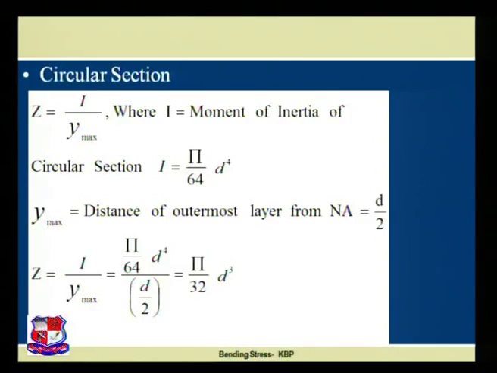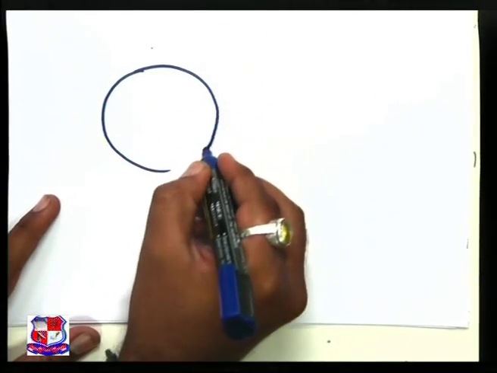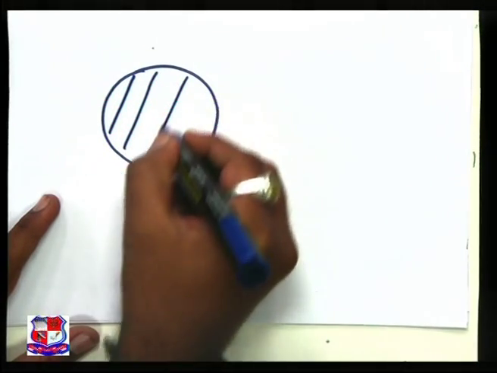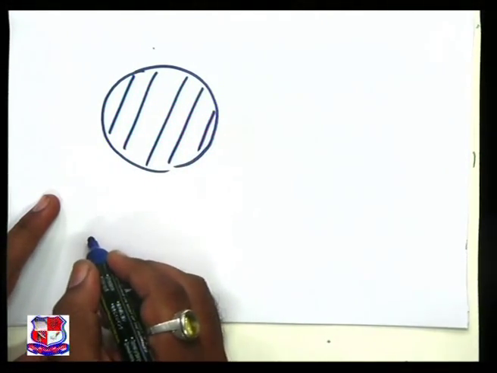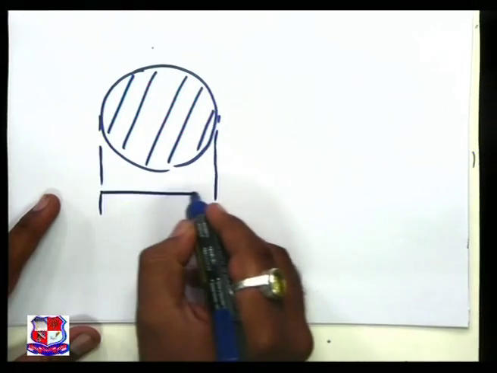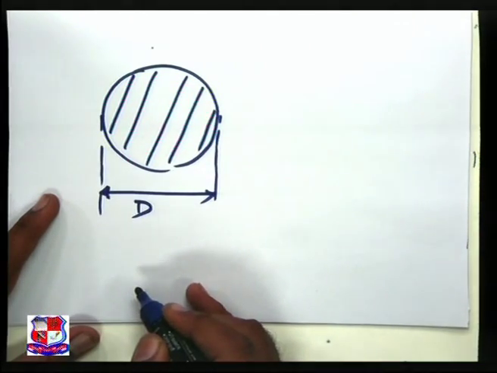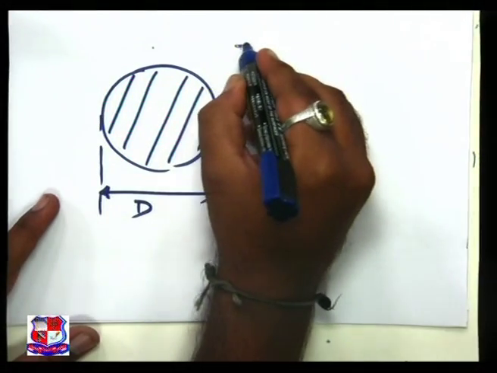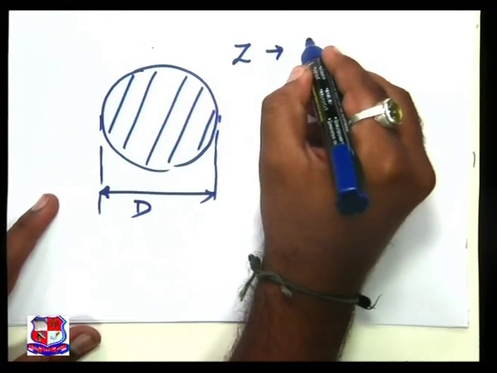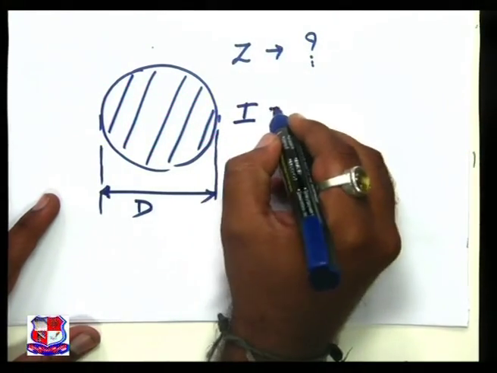Now, the circular section, a solid circular section. This is a full solid circular section which has been given to us with diameter d. We have to find Z. What is the value of I?